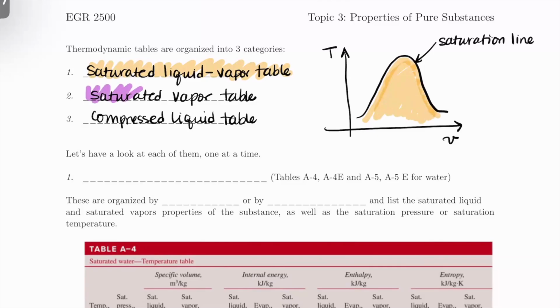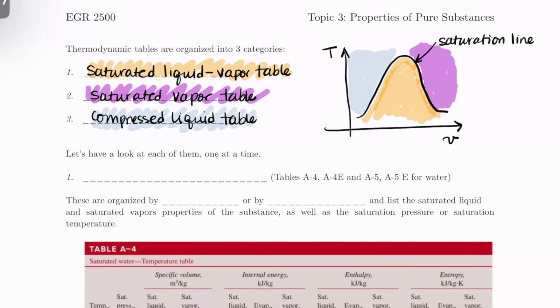Our saturated vapor table is going to tell us about things happening on this side, so on the vapor side, and then our compressed liquid table is of course the stuff to the left. Does that make sense? So this is why it's important to understand what state you're in so you know which table to be using, okay?